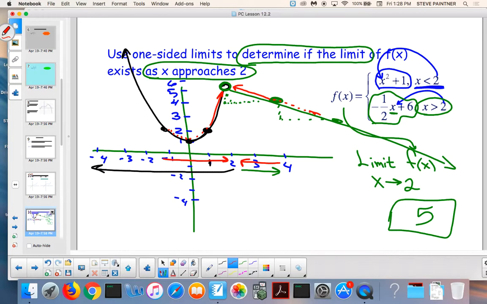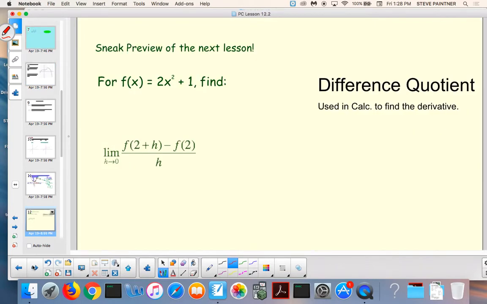All right. So what's the rest of the lesson? It's right here. Today is Friday, so it's kind of a nice day just to do something that's really just number crunching. It's just a quick sneak preview of what's coming. What's coming is 12.3. 12.3 is all about derivatives.